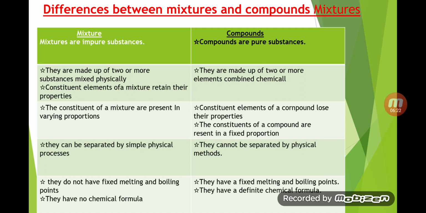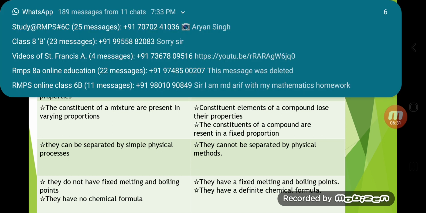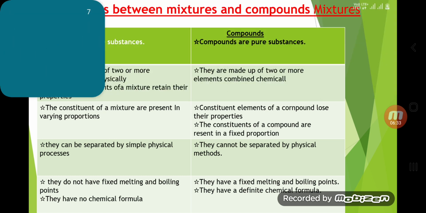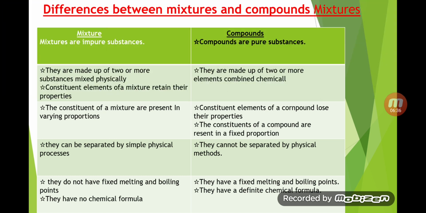Now, the constituent elements of a mixture retain their properties. After mixing, you can test the taste of the solute and the taste of the solvent. Suppose you take a few drops of lemon juice and add it to water. After mixing, you can find out the taste of water and the taste of lemon. It means no new substance is formed, they only mix with each other, and there is only a physical combination, and that is called a mixture.